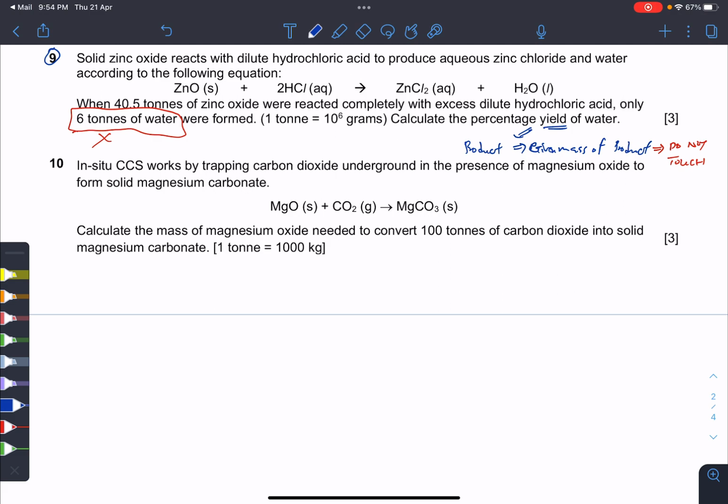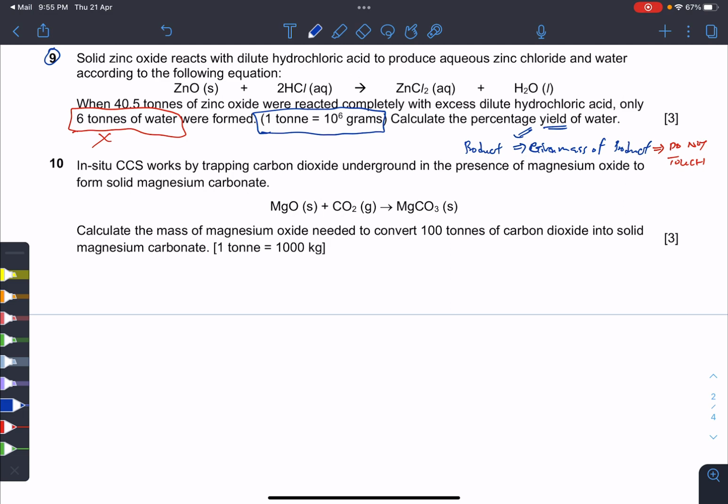Cool, sure. So, first step, equation. Oh, they give me the equation. Second step, change to mole. Do take note there's something different here. There's ton. What is 1 ton? 1 ton refers to 1,000,000 grams. So you need to change it to grams.